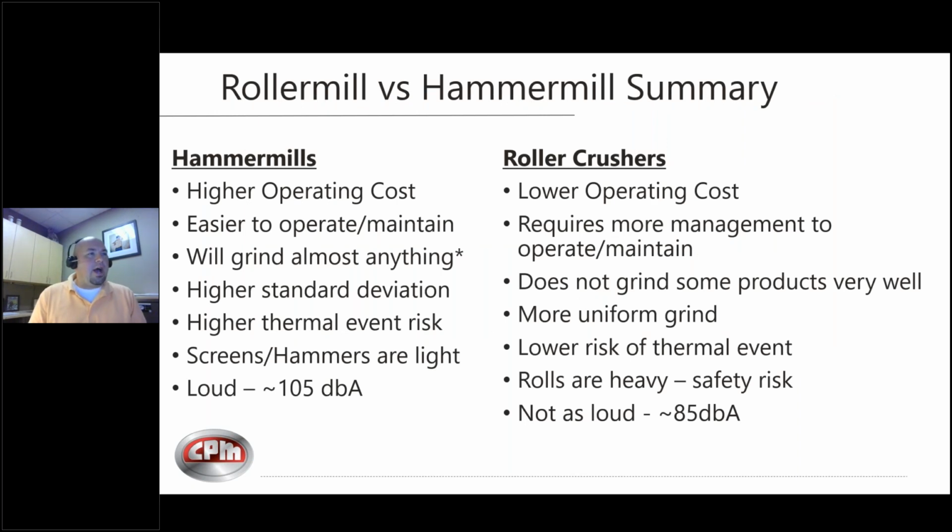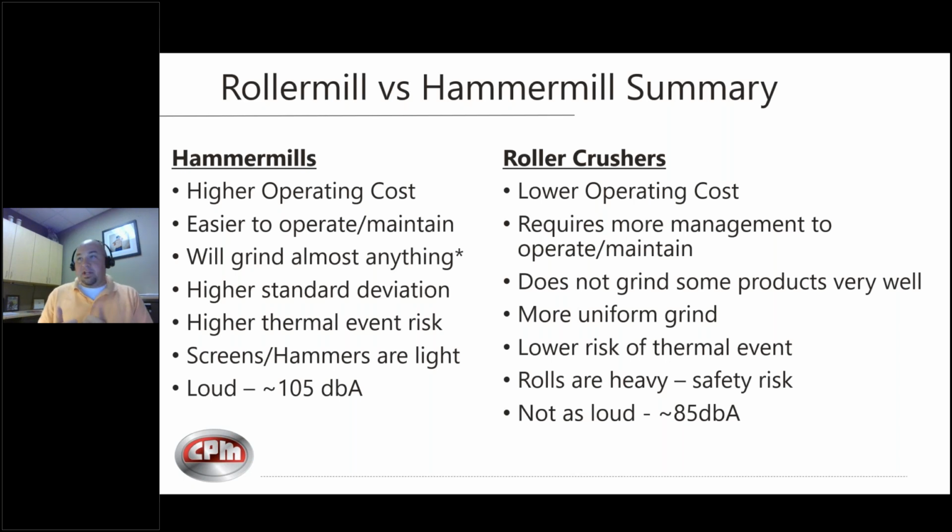So just highlighting everything we've talked about, this is a real quick summary. One thing I didn't talk about, which I have listed for the roll crushers and the hammer mill, is the thermal event risk. With hammer mills, you have a very fast rotor and a contained grinding chamber. So material that comes into that grinding chamber has to go out through the screens.